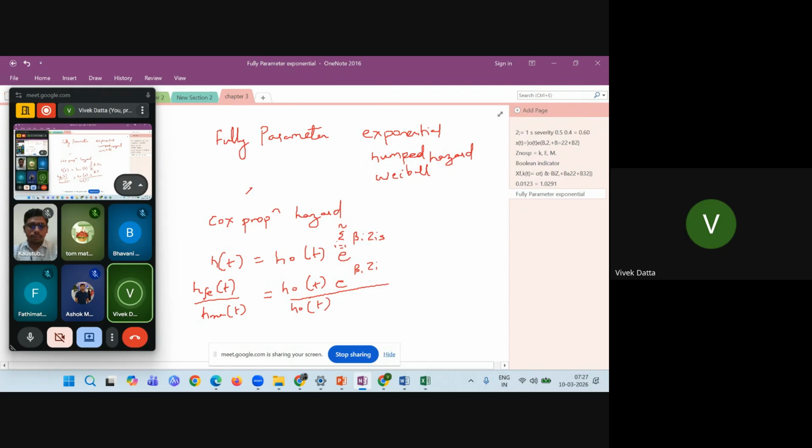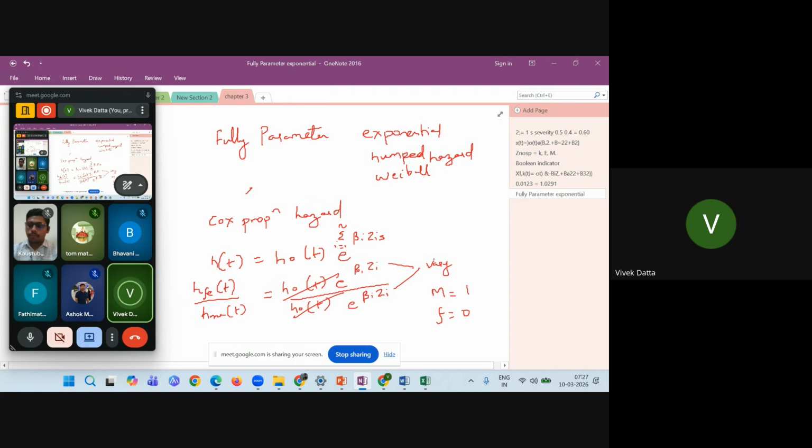Why? Because h0(t), which is known as the baseline hazard, remains the same, whereas these vary. For example, I could have kept 1 for males and 0 for females. Automatically, one term becomes different.